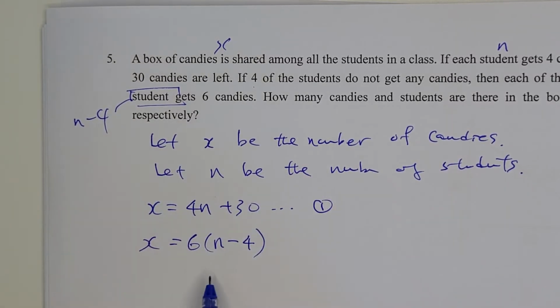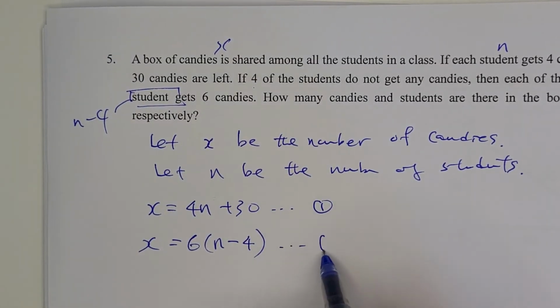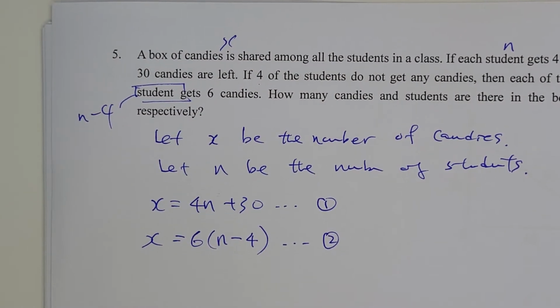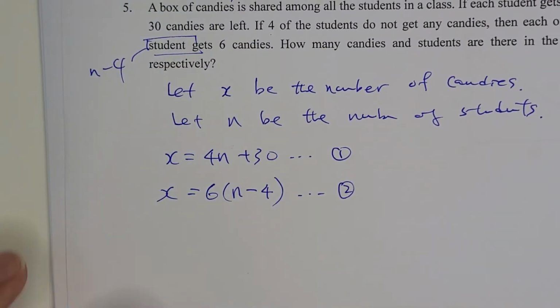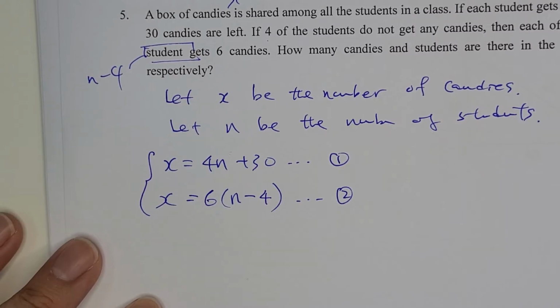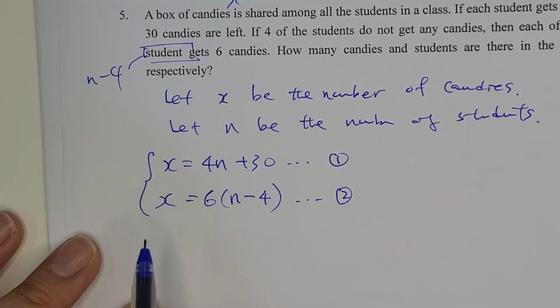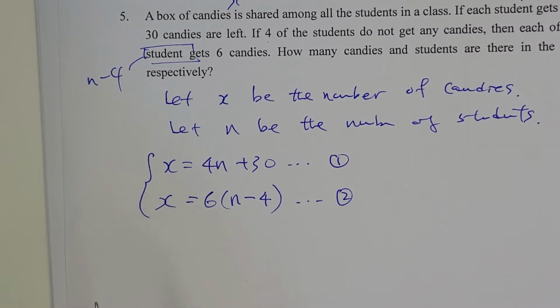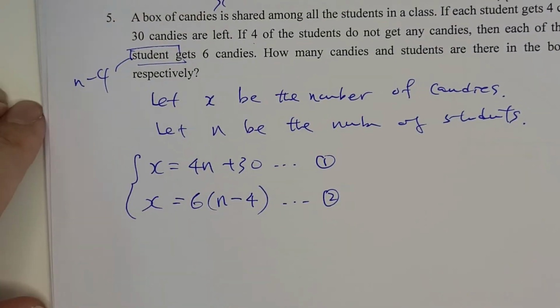If 4 students did not get any candies, then the remaining n minus 4 students, each of them will get 6 candies, completely given out. So that's equation 2. And the key symbol is this big bracket.